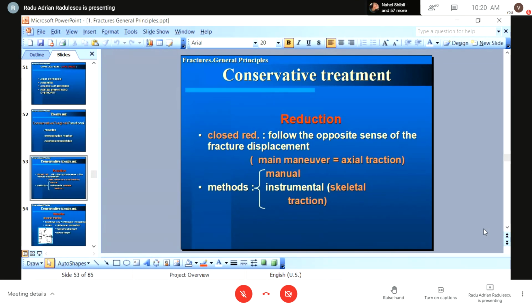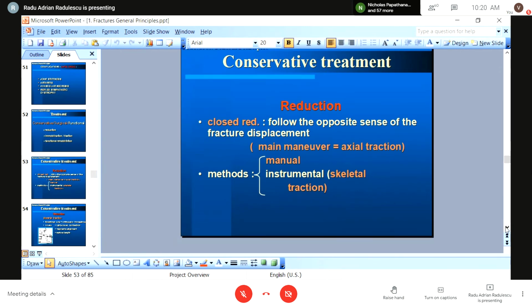So this external reduction, closed reduction, may be manual, by hand, or instrumental in the case when we use skeletal traction.